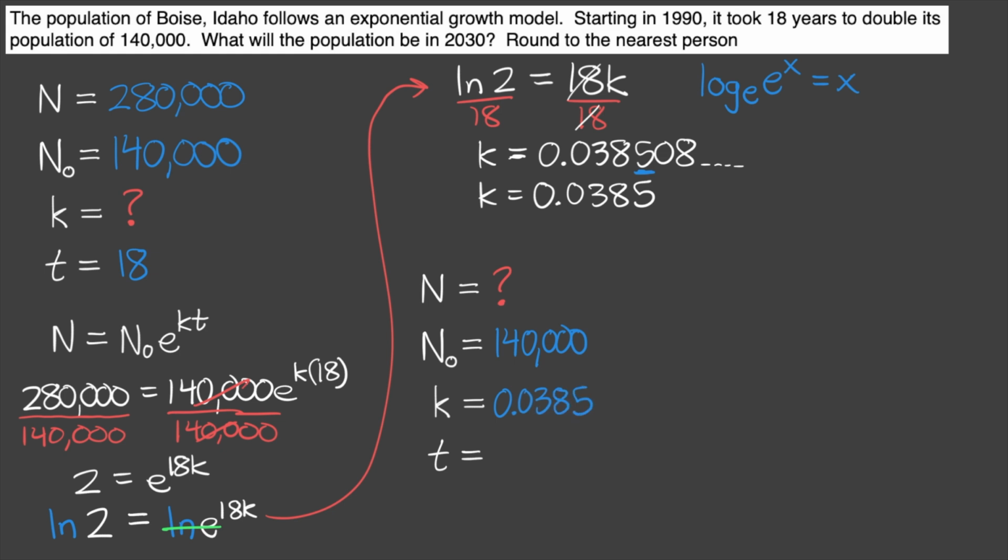Now the tricky part is, what's t? So they want the population in 2030, which is how many years after the initial year, which is 1990. So it's 40 years after. So that tells us we're going to plug in 40 for t to estimate the population of Boise, Idaho in the year 2030. All right, so let's bring down our equation here, and we will go ahead and plug in.